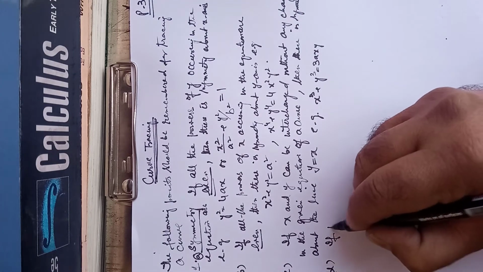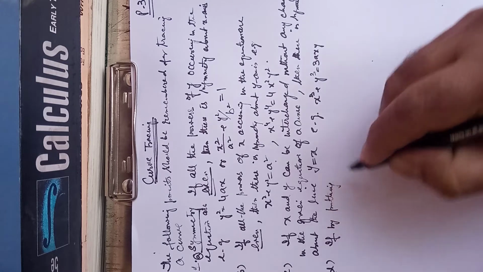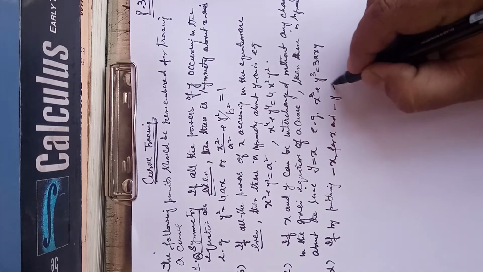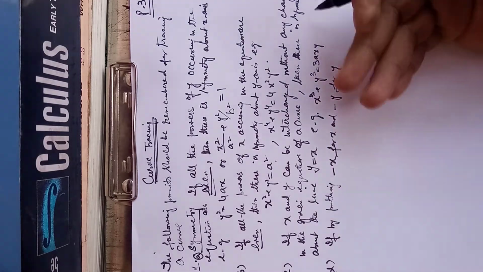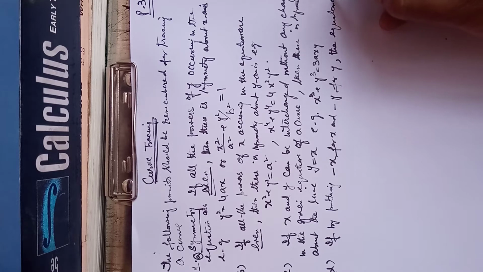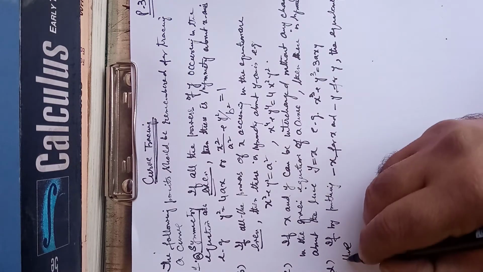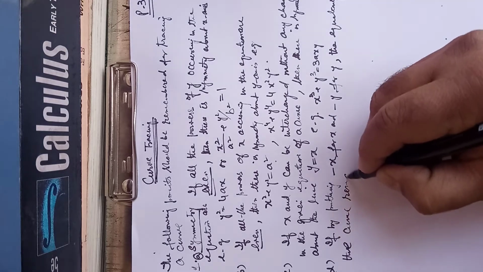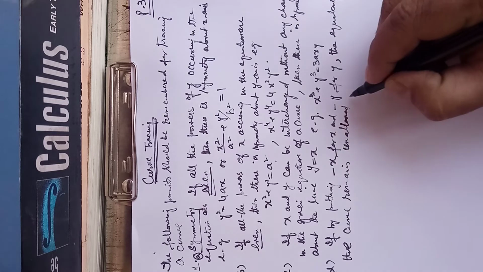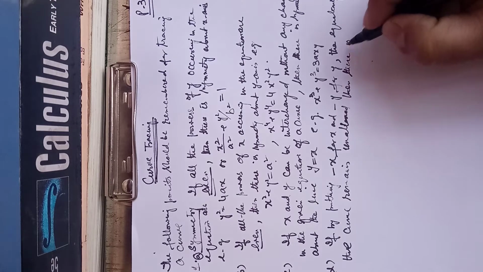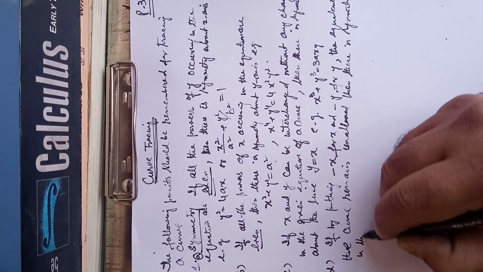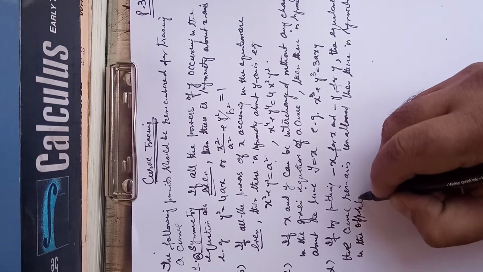If by putting minus x for x and minus y for y, means if x is replaced by minus x and y is replaced by minus y, the equation of the curve remains unaltered, then there is symmetry in the opposite quadrants.